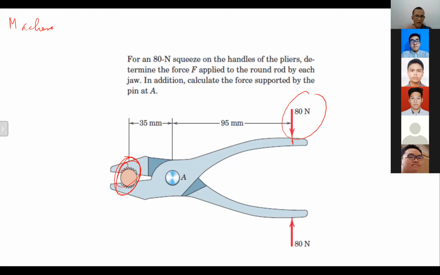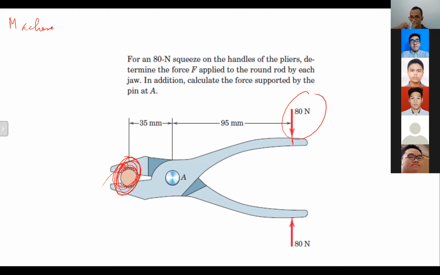Now, how can we solve for this particular problem, Rena? The one in question is the force given to the round rod. How can we solve for that?